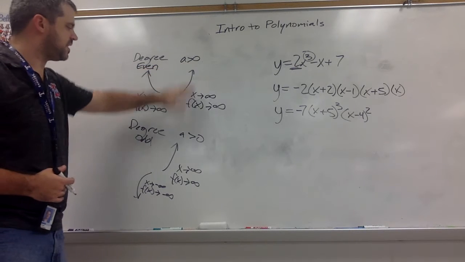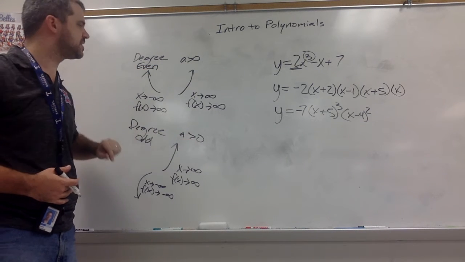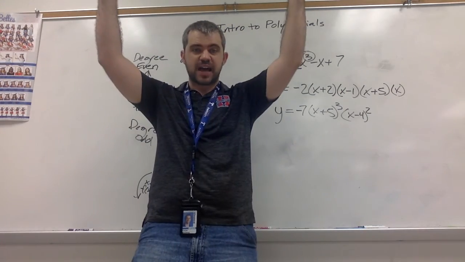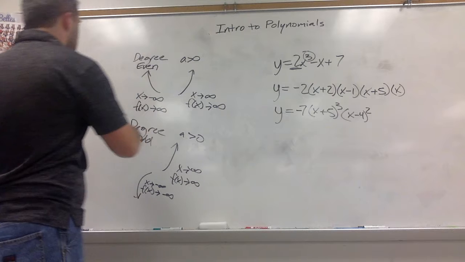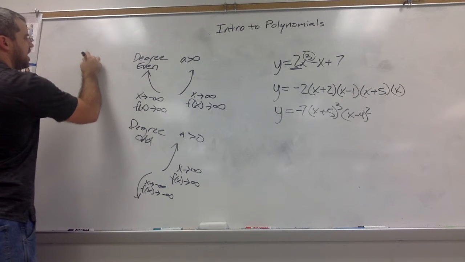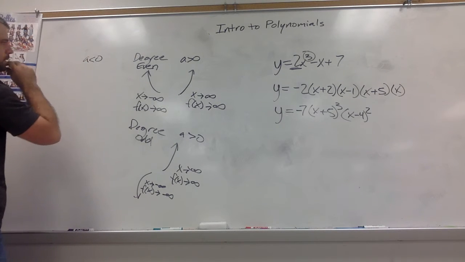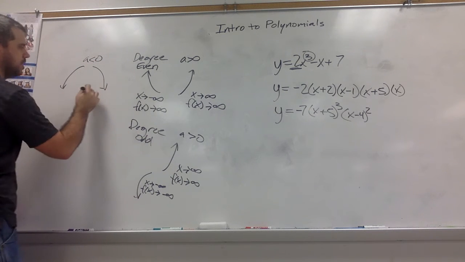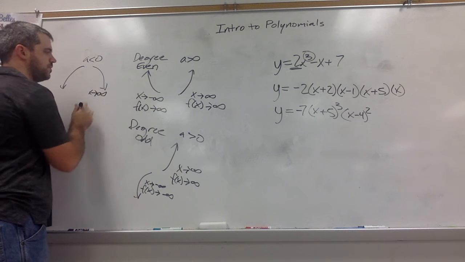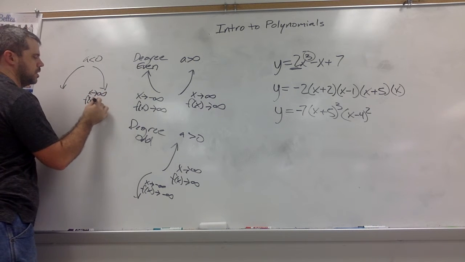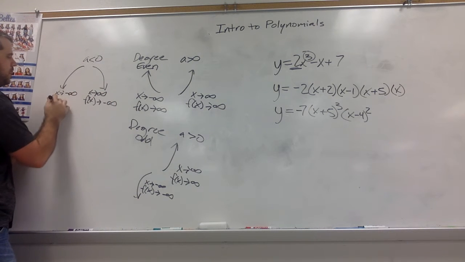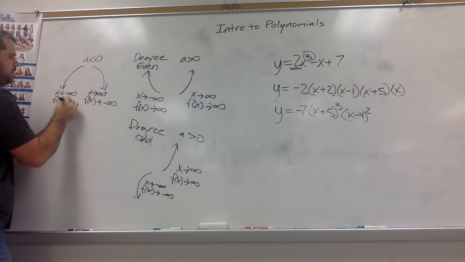But what if it's negative? Well, we know what's going to happen. So if it was this guy, now it's going to do this. If a is less than 0, we're going to have this guy right here. As x goes to infinity, y goes to negative infinity. As x goes to negative infinity, y goes to negative infinity.